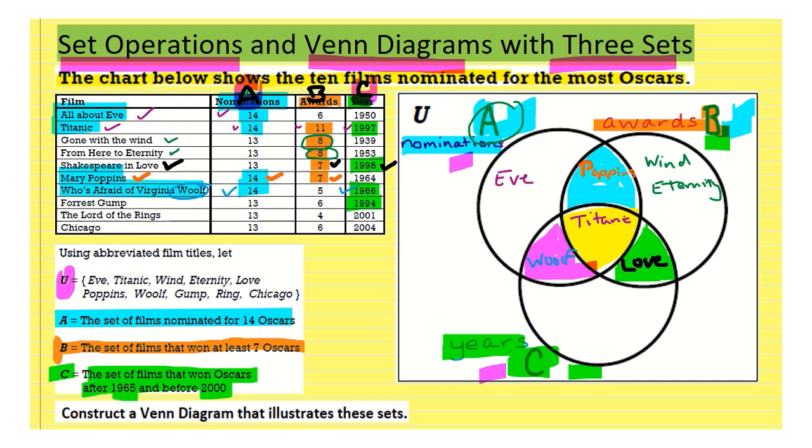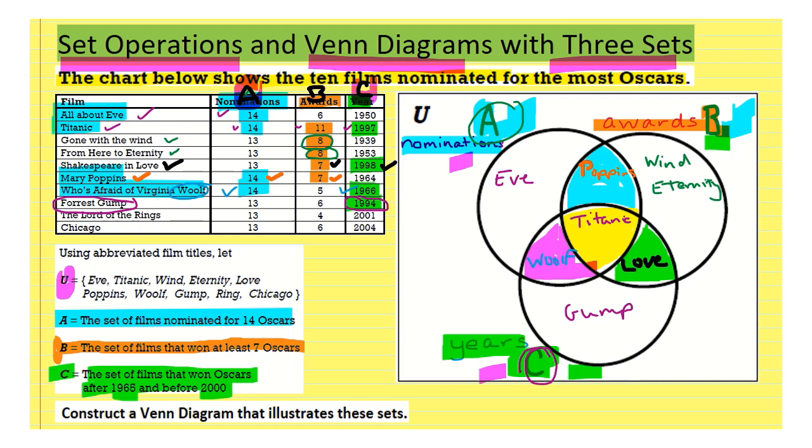And then now we're going to look for the C category. What is alone in the C category? Forrest Gump, right here. Forrest Gump is alone in the C category. Everything else is accounted for. So we'll put Gump right there.